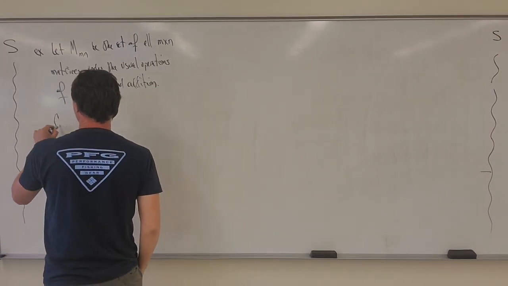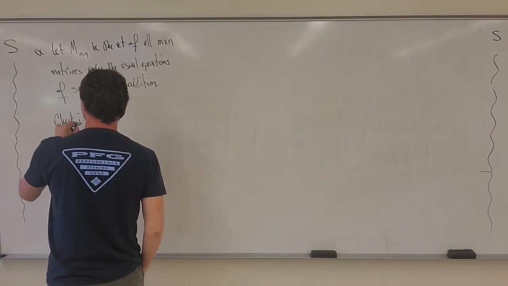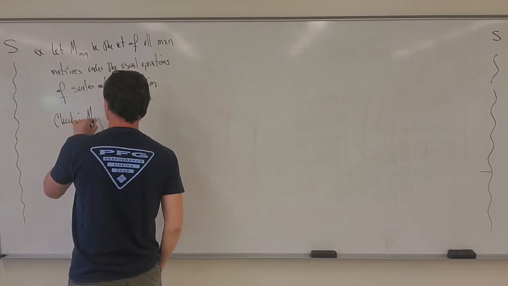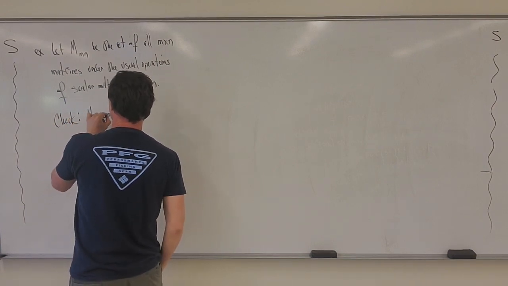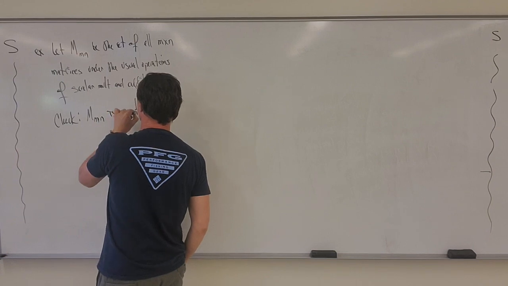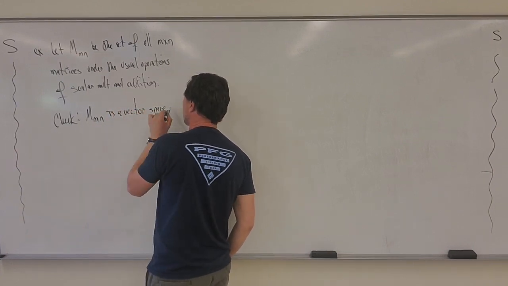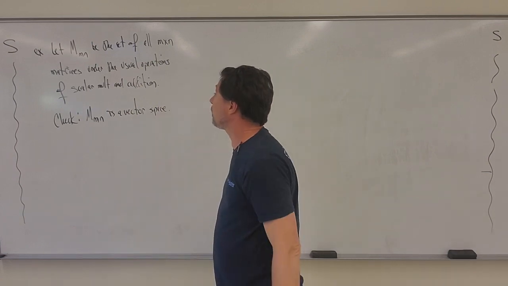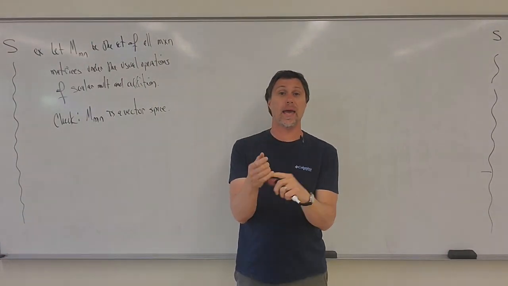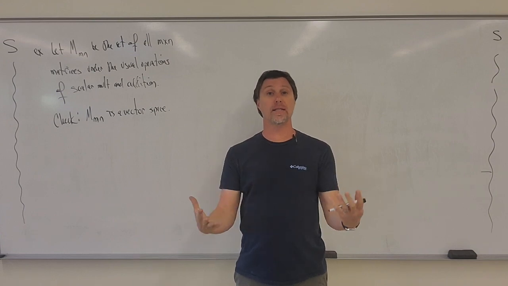Now, I don't want to go through all the gory details again, so I'm going to say check that M sub mn is a vector space. Let's just talk our way through some of the properties though. If you add two m by n matrices together, the result is an m by n matrix.